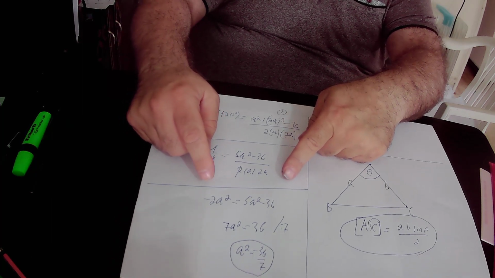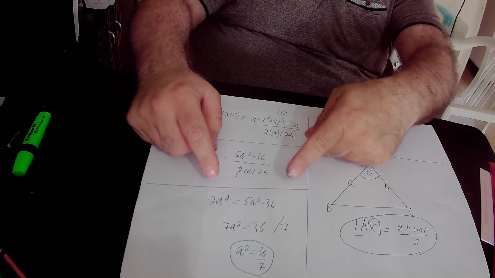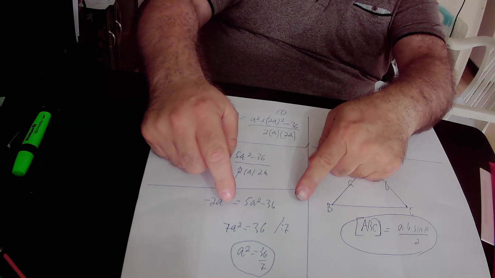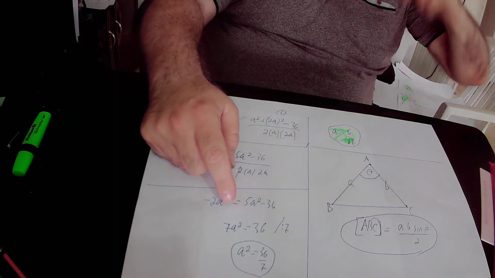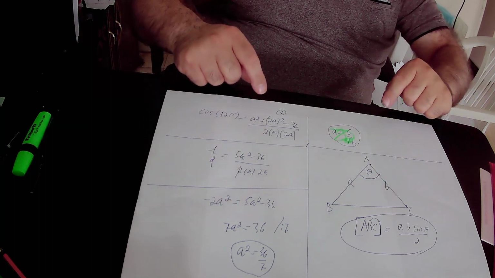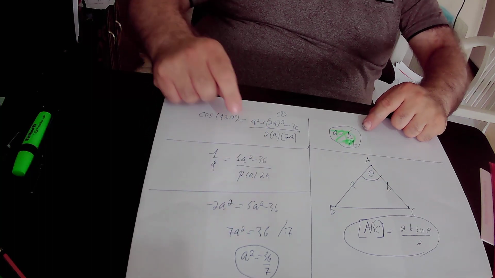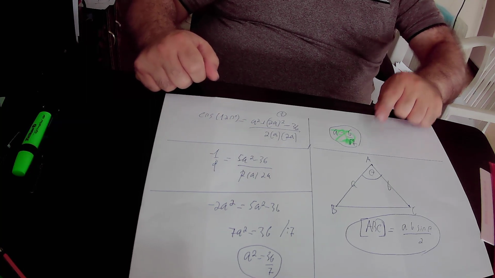Then we added 2a squared and also added 36 to this equation simultaneously, and found that 7a squared equals 36. Here we divided this equation by 7 and found that a squared equals 36 over 7. We took the square root of this equation and found that a equals 6 over square root of 7 units.